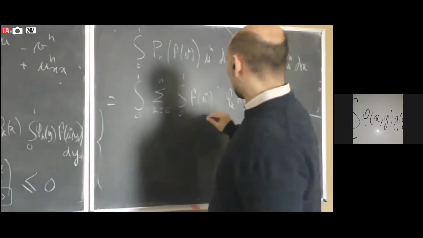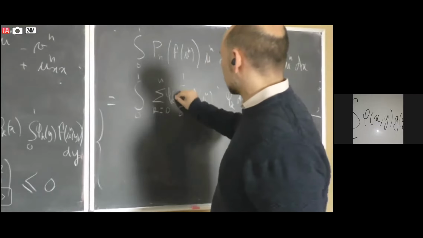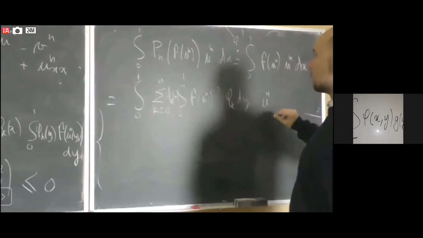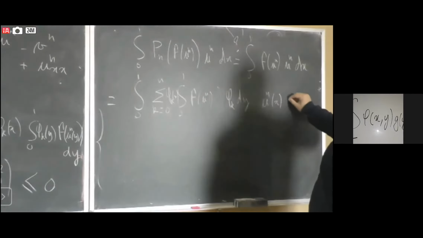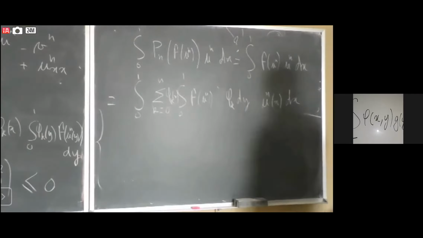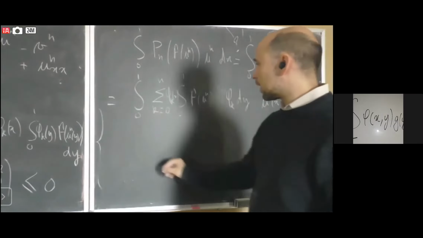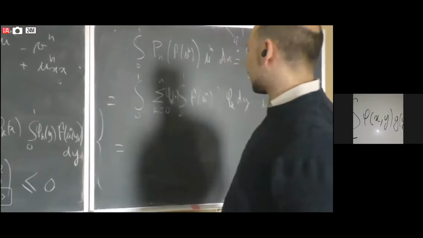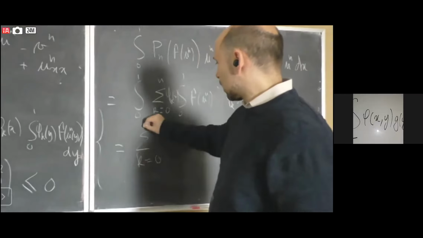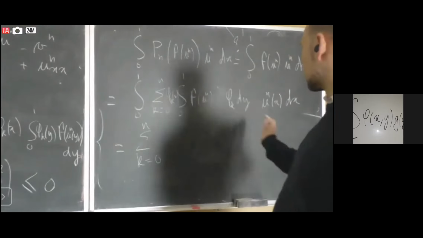So now this phi k depends on x, and here I have un of x dx. But this is just a number, so I can take this out of the integral, and I find that this is the sum between k equals 0 and n.